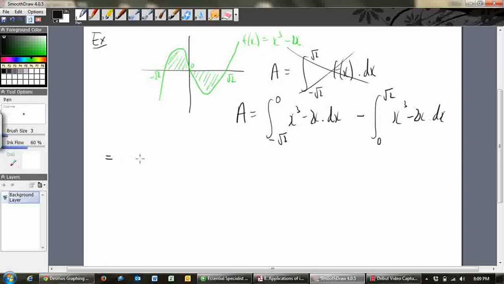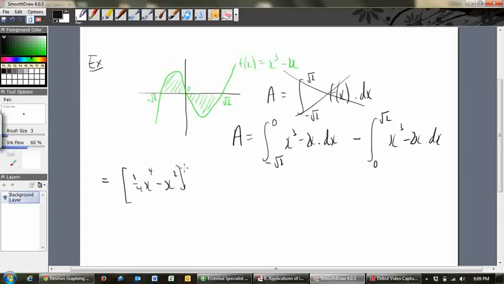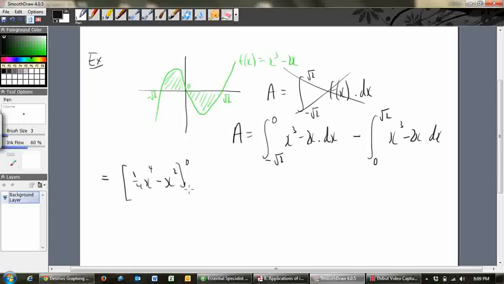I'll do it, but I shouldn't really have to because it's quite boring. X cubed goes to 1/4 x to the 4, 2x goes to minus x squared, and we evaluate that between 0 and negative root 2, minus all this, again 1/4 x to the 4 minus x squared between 0 and root 2.